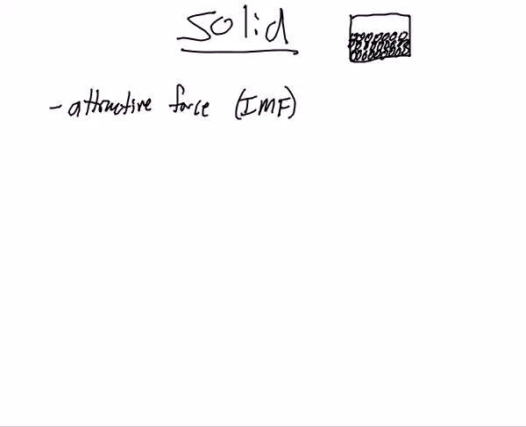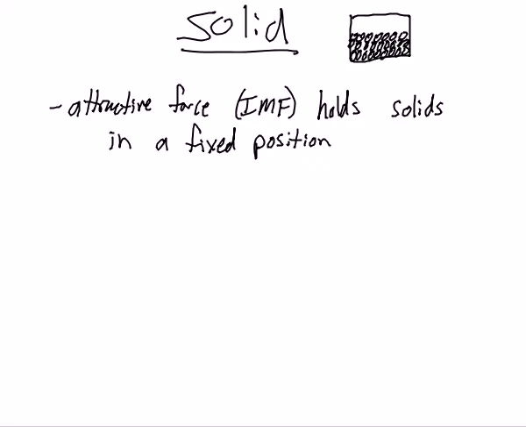London dispersion forces. We'll come back and talk more about those at some point in the future. But it's the attractive force that holds solids in a fixed position. The key word is what there, do you think? Fixed. That is our key word, so you should highlight that. Fixed position.